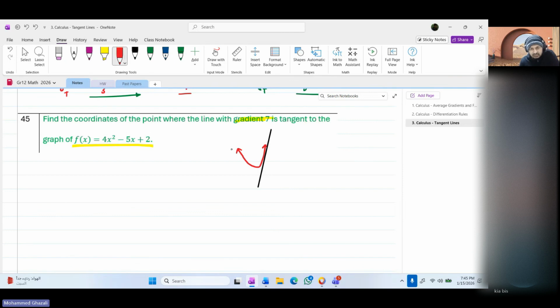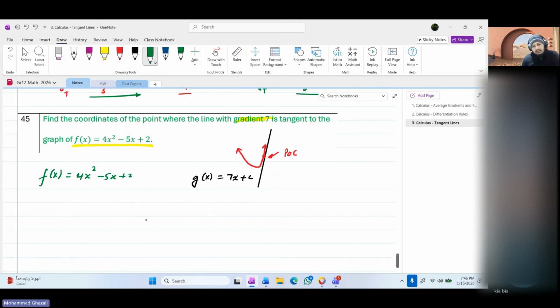We're trying to find the coordinates of the point, in other words, the point of contact. So f of x equals 4x squared minus 5x plus 2. And g of x is this line here, 7x plus c, because the gradient is 7.